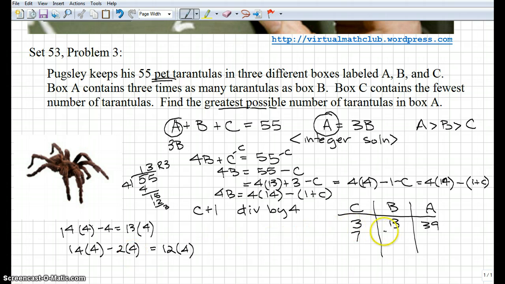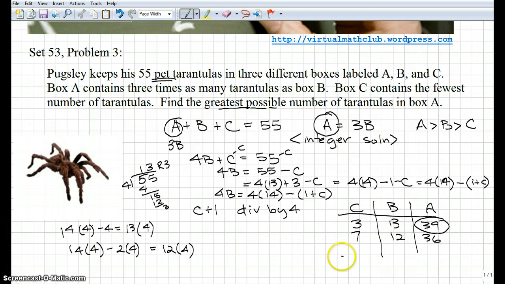So in this case, when c is 7, then b is 12, and then a is 3 times b, so that's 36. So you can see as we increase the number of tarantulas in C, we reduce the number of tarantulas in box B, which reduces the number of tarantulas in box A. So this has to be the solution, 39.